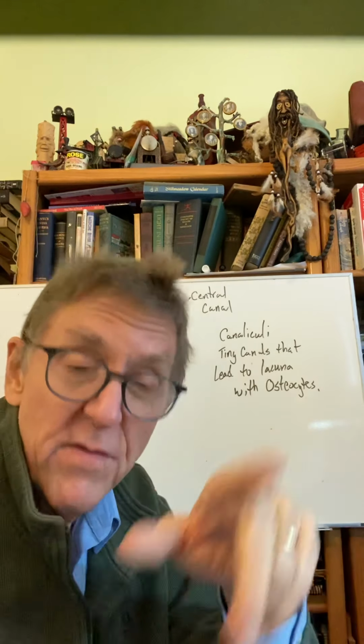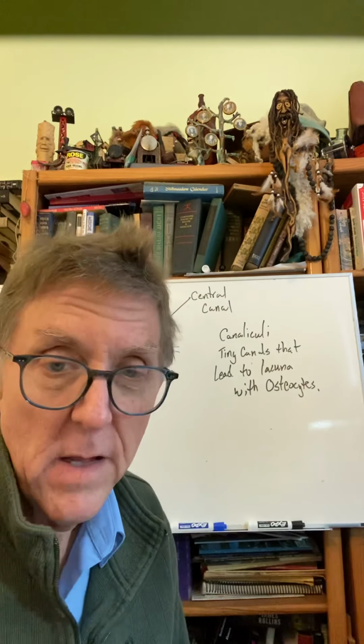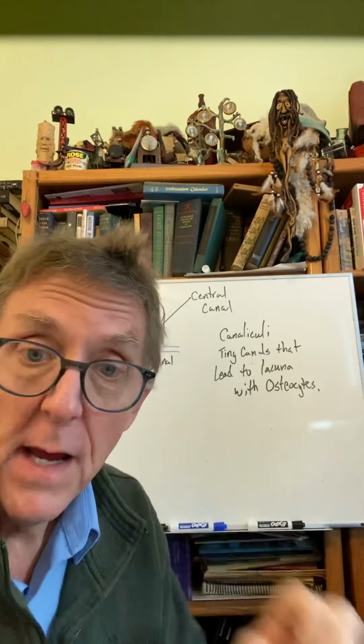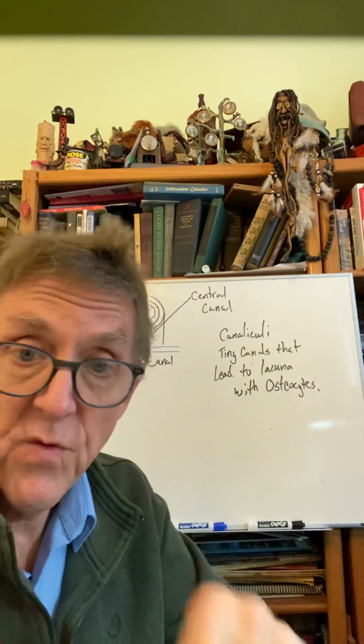And it's done in the red bone marrow, between the little trabeculae in the spongy bone regions of some long bones, the proximal ends, like the head of your femur, which is one of the ones that we always mention.